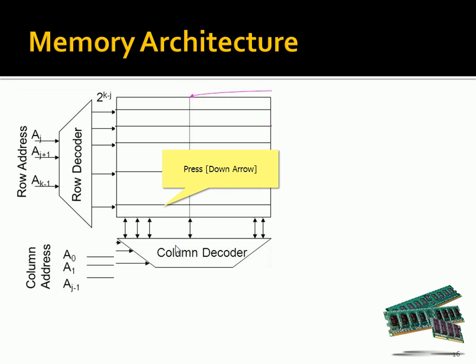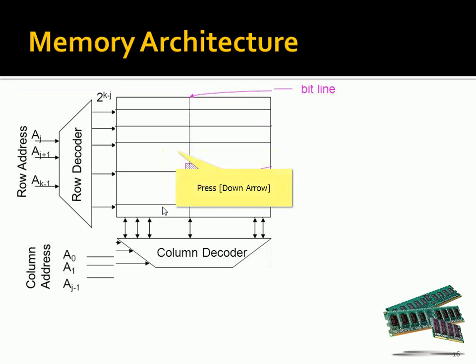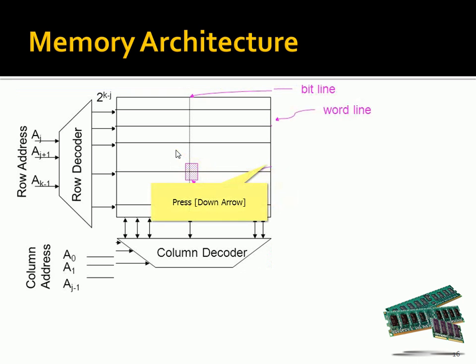In the memory there are several cells. There are bit lines, which are the column lines, and word lines, which are row-wise: row first, row second, so n rows.